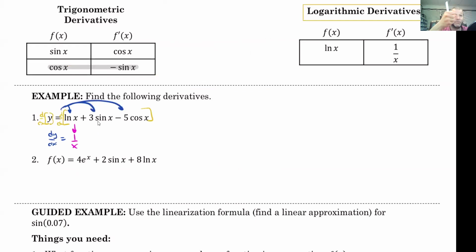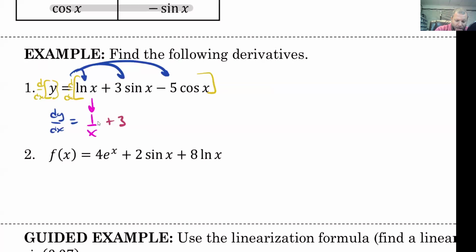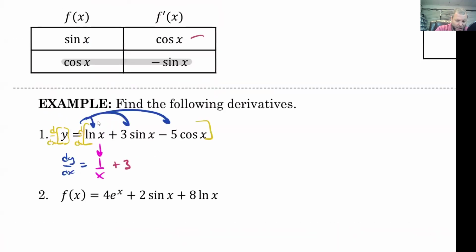Derivative is a linear operator. I can pull the 3 in and out of my derivative if I want. So that's just going to be 3. The derivative of sine we see here is cosine. So we're going to get 3 cosine of x. And then we're going to get minus 5. Right, again, I don't have to worry about that constant, but the derivative of cosine is negative sine. So my derivative is going to be 1 over x plus 3 cosine of x plus 5 sine of x.